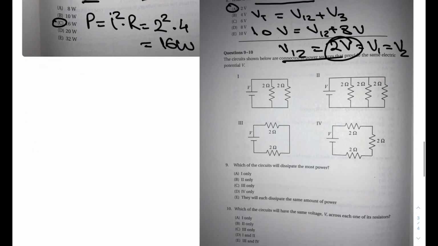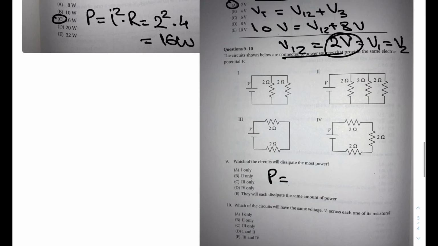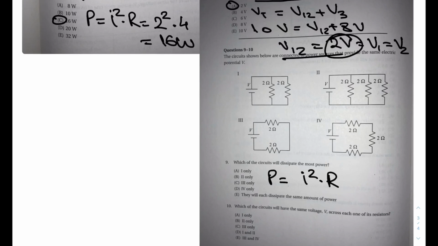Okay, the circuits shown below are connected to power sources that provide the same electric potential V. Which of the circuits will dissipate the most power? So we know that P equals I squared R. The more resistors in parallel, the lower the overall resistance is. Lower overall resistance leads to more current flow. So it's B, this one.